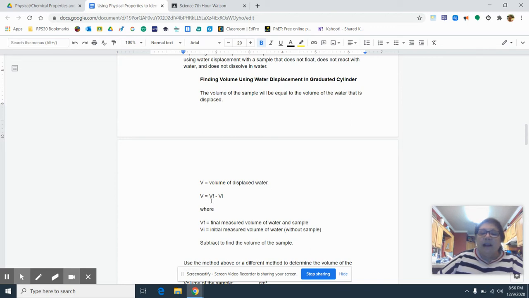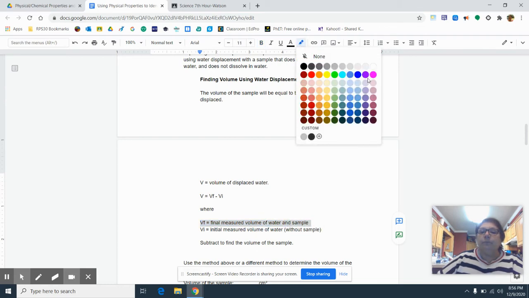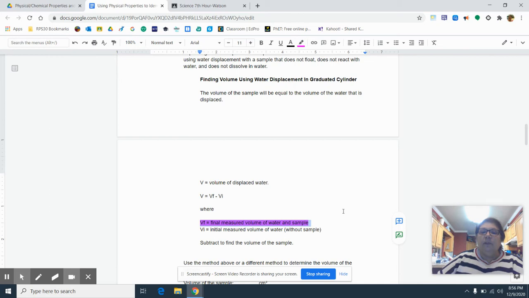After the test, it tells you V equals volume of water, V equals VF minus VI. VF is the final measurement. So this means after you put the object in the water, that's what this is.